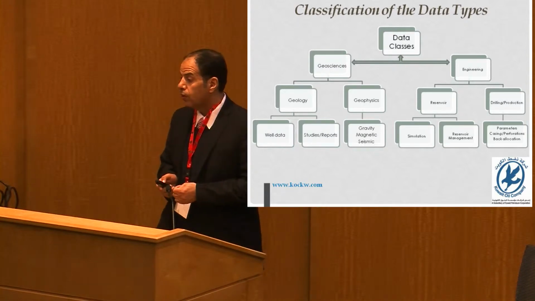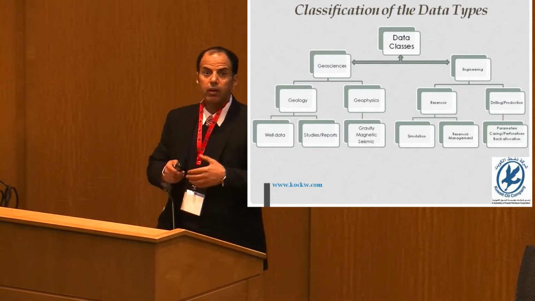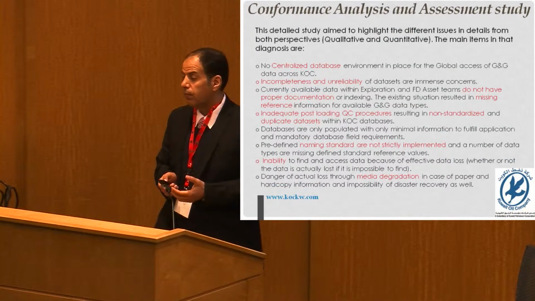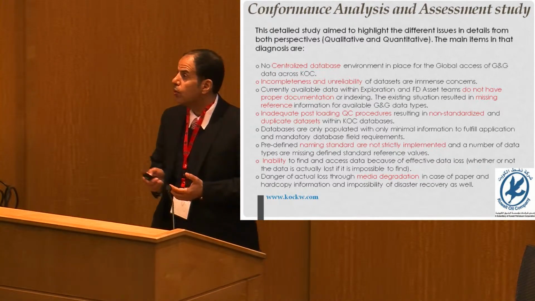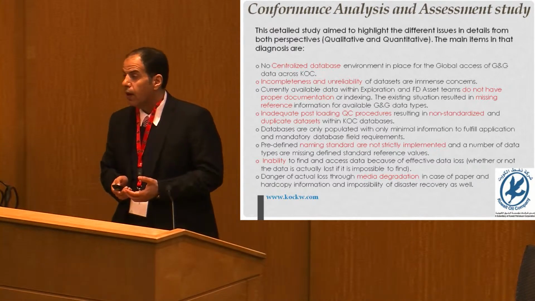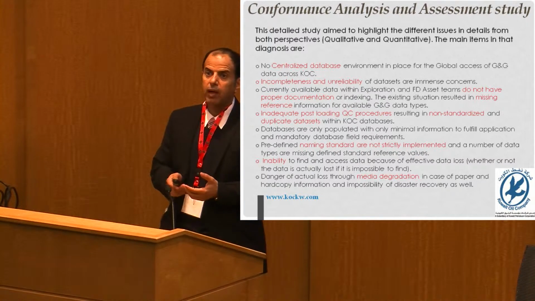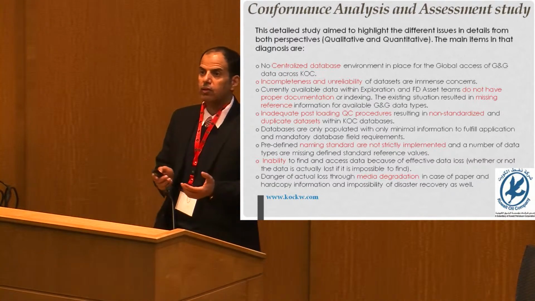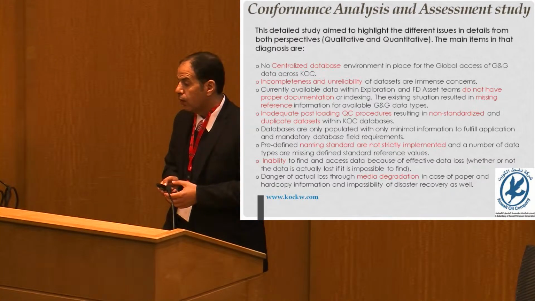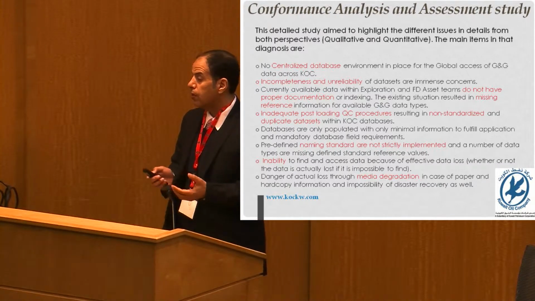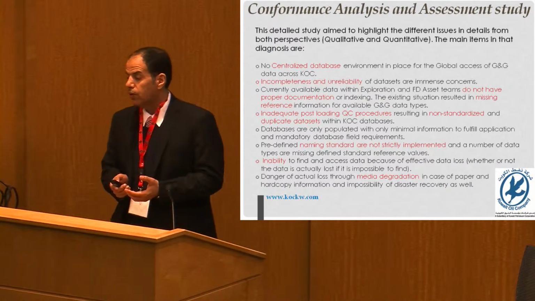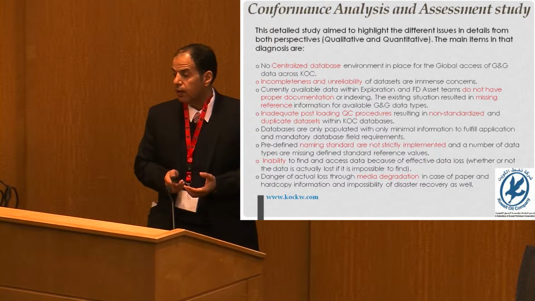We also found there is no reliability in this data, and there is no proper documentation. Anybody could even go and get this data. We found that there is no naming and standardization of the data.